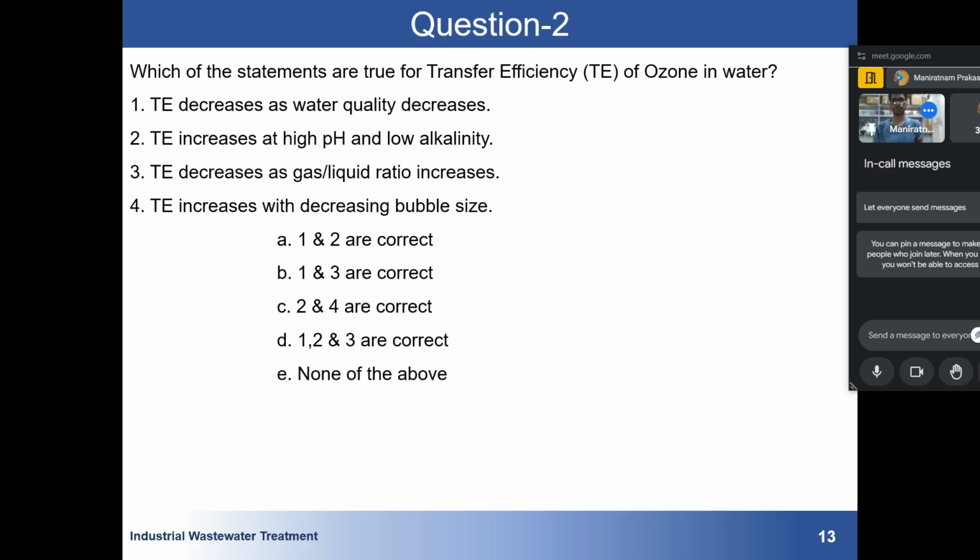Question number 2: transfer efficiency of ozone in water. You have to recall how ozone reacts with water.